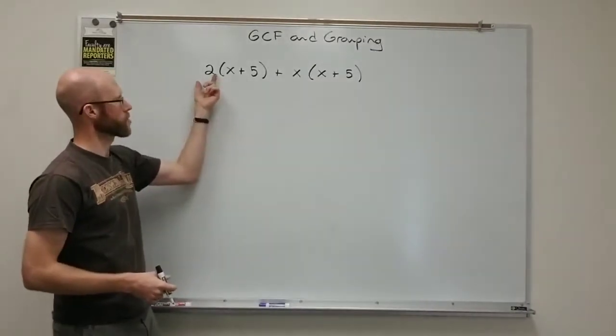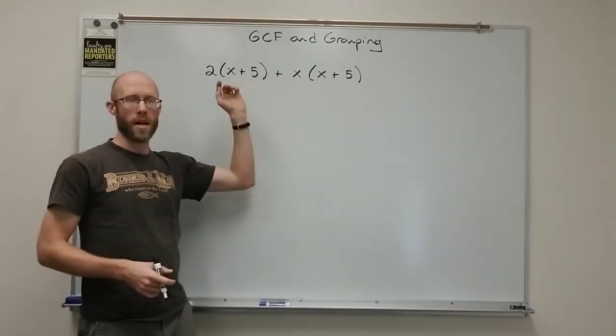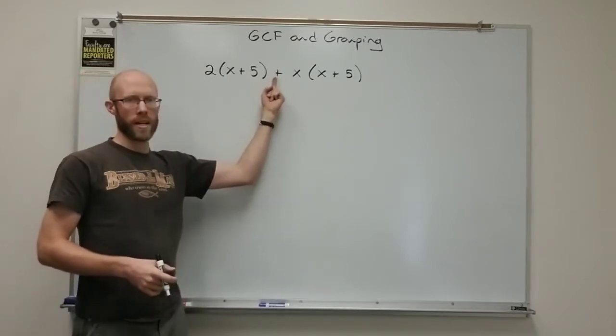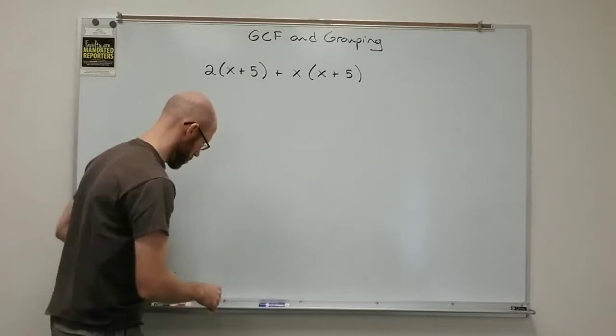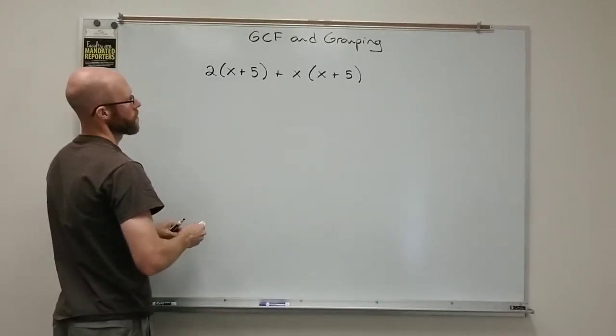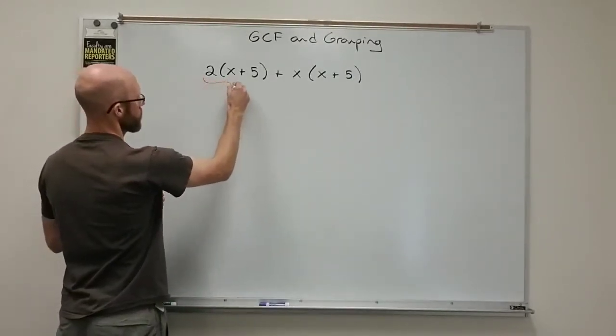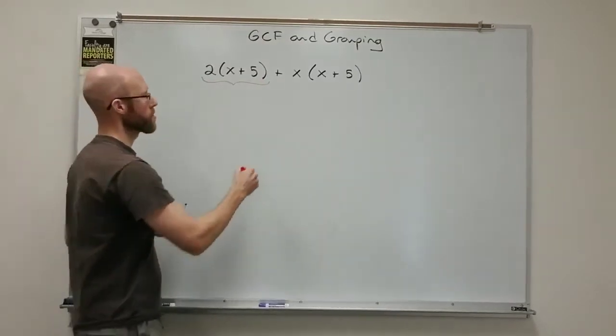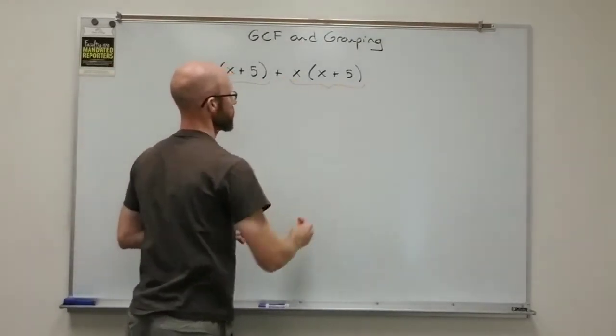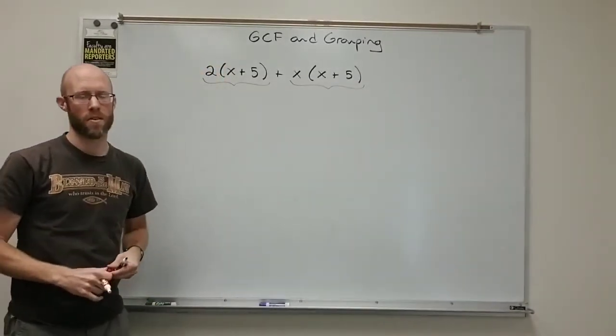And I also have two monomials, but they're linked by an addition. And so really what I have are two really big terms. Okay, one term is here on the left, 2 times the quantity x plus 5. The other term is here on the right, it's x times the quantity x plus 5.